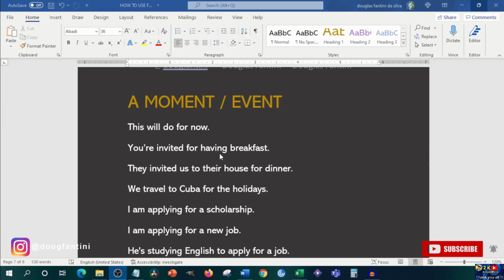You're invited for breakfast, and they are invited to their house for dinner. Or the reason is the event and not the purpose. We traveled to Cuba for the holidays. To Cuba is direction, but for the holidays is the purpose, the moment, the event.